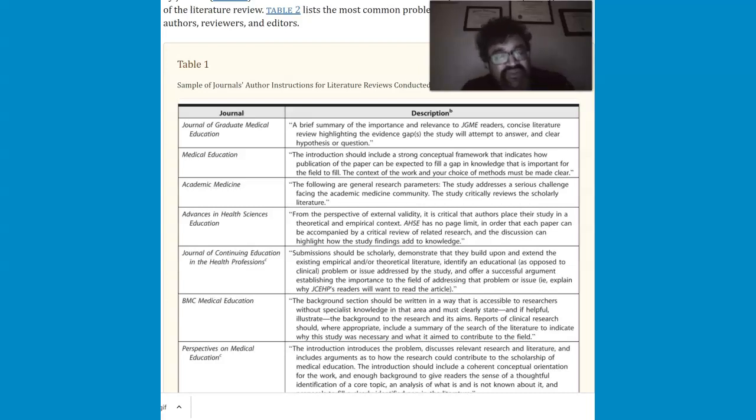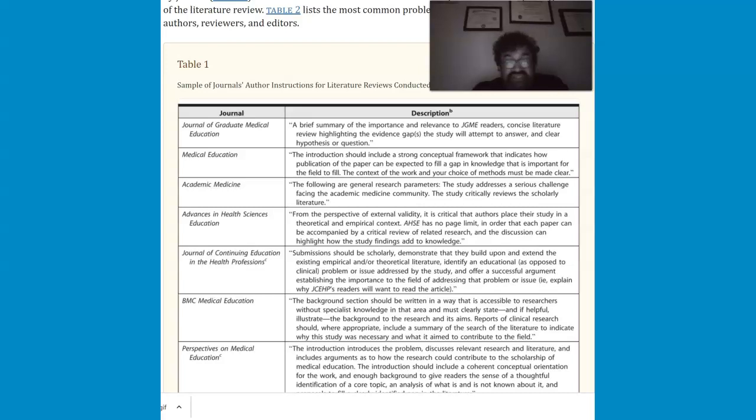There's others, for instance, academic medicine. There's general research parameters. The study addresses a serious challenge facing the academic medicine community. The study critically reviews the scholarly literature.